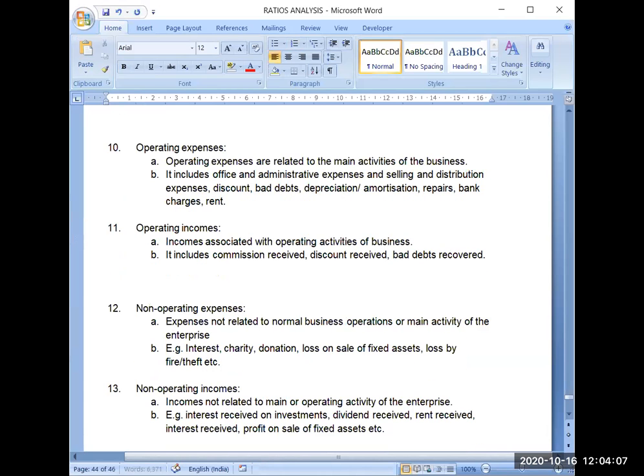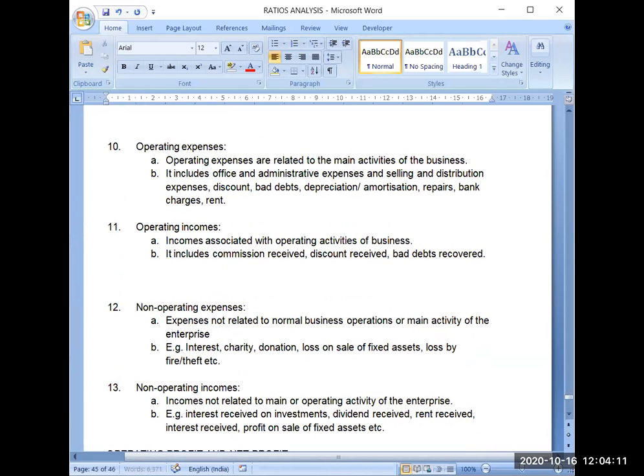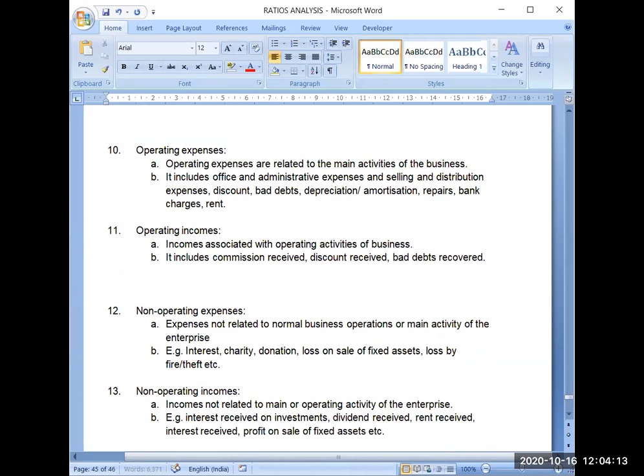You can take a screenshot of these points. So be clear about the meaning of operating expenses and non-operating expenses, because again you will need this topic while doing cash flow statement. And in these formulas also, tomorrow we will be doing operating profit ratio. There you will need this.